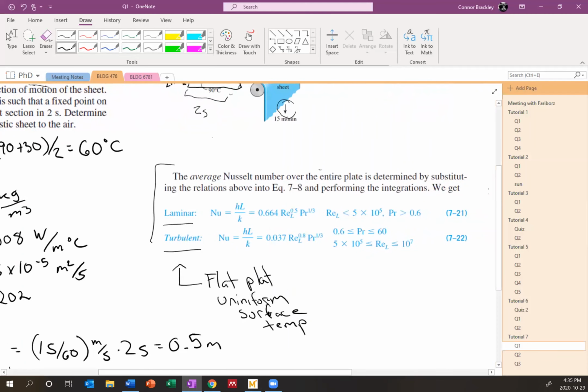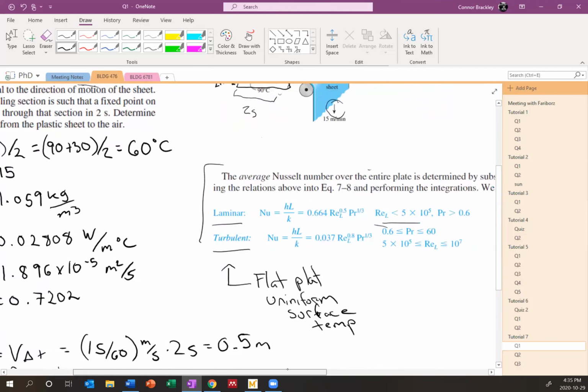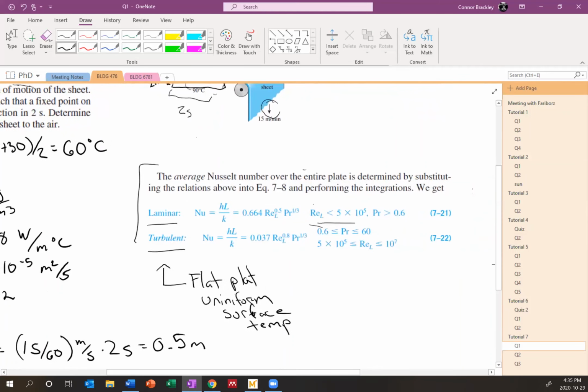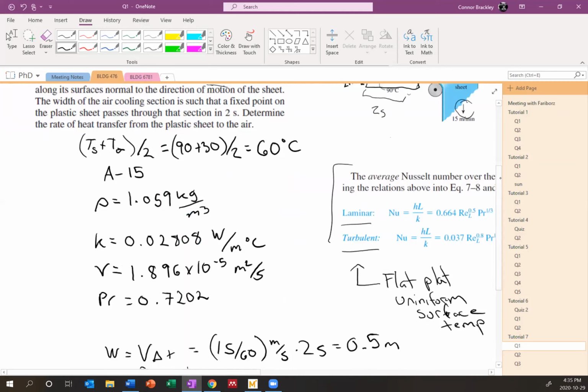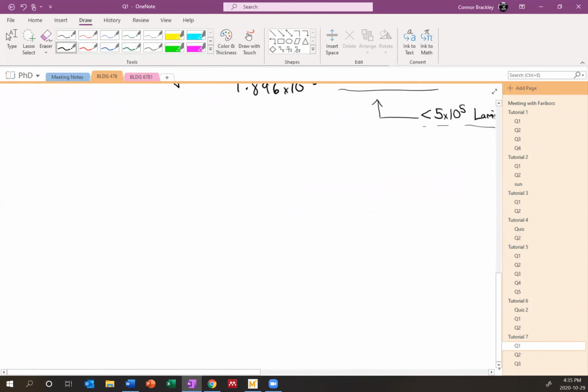But once you know your Reynolds number is less than 5 times 10 to the 5, and your Prandtl number is greater than 0.6, sorry, which is true here, then you know you can use this equation, and from there it's fairly straightforward. So our Nusselt number, which is hL over k, equals 0.66 times the Reynolds number to the one half times the Prandtl number to the one third.